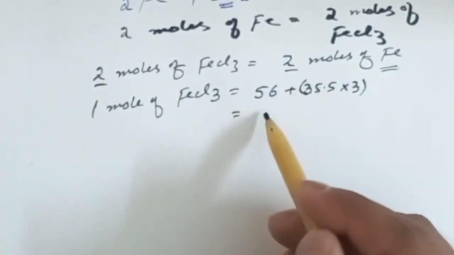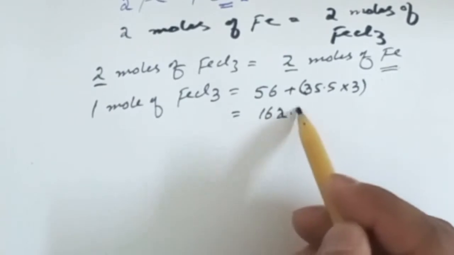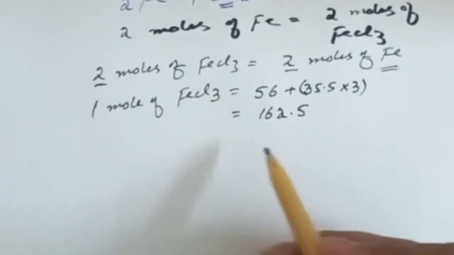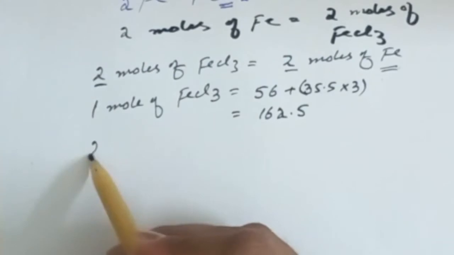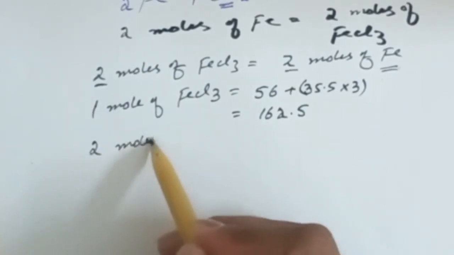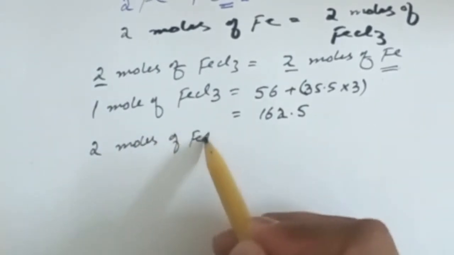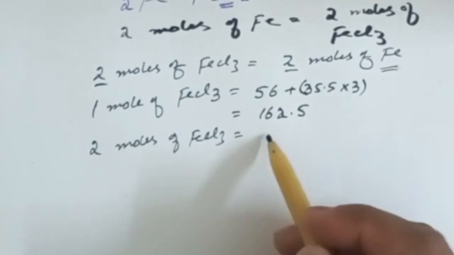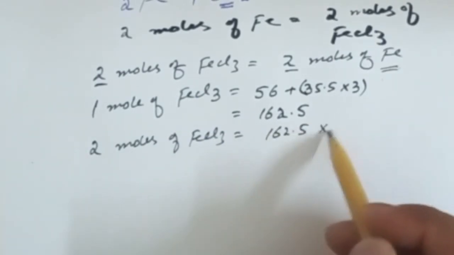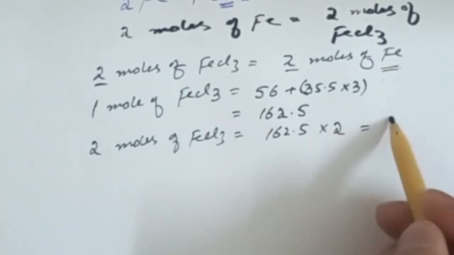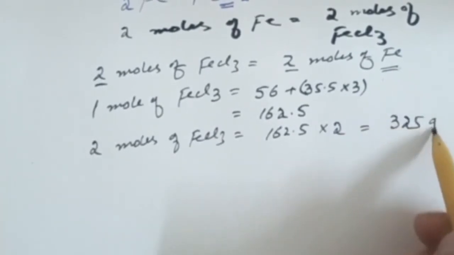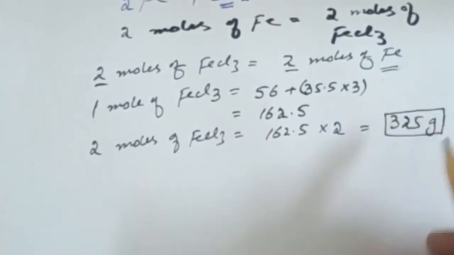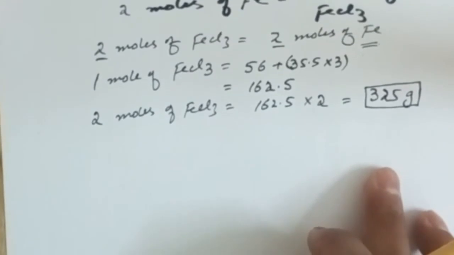So we get that for 1 mole the mass is 162.5. For 2 moles the iron chloride will be 162.5 multiplied by 2, and we get 325 grams. It means 2 moles of iron chloride is 325 grams.